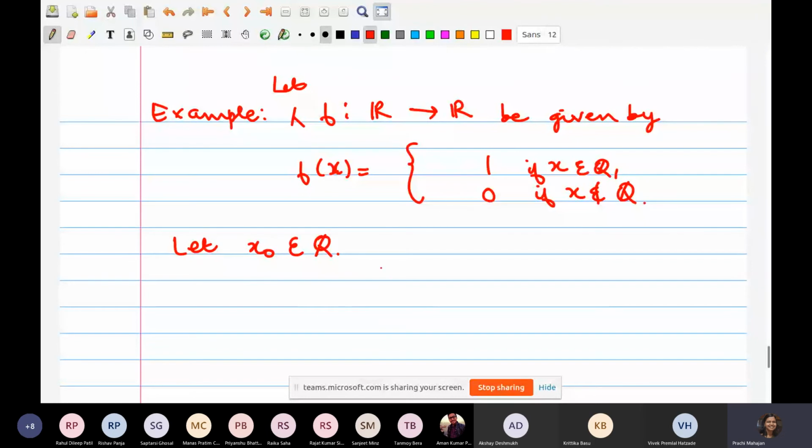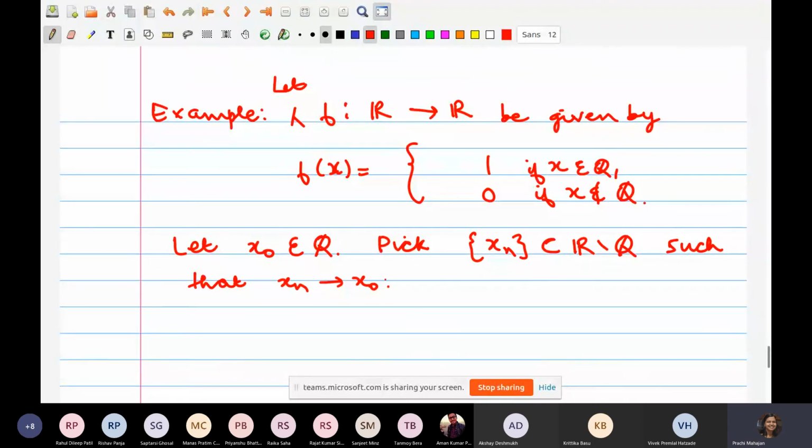So it is much wiser to do the following. Pick a sequence of points such that each of the x_n's is not rational, such that x_n converges to x naught. Can I always do that? Can I always find a sequence?